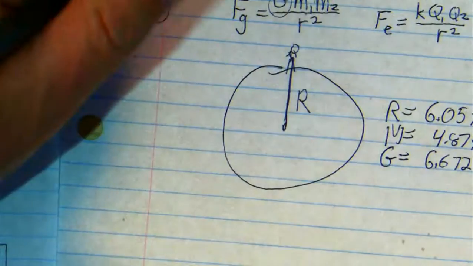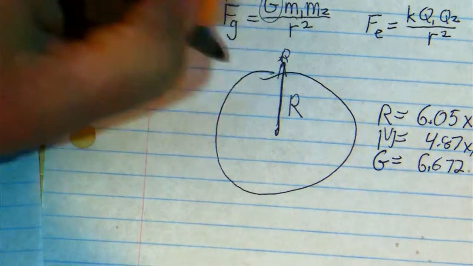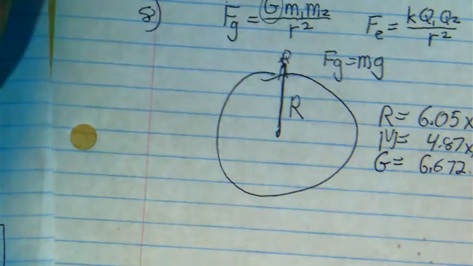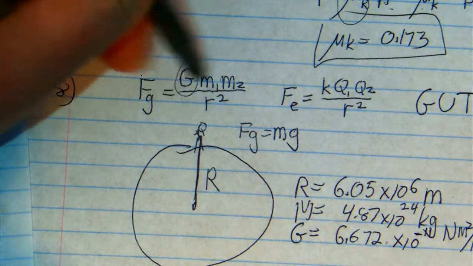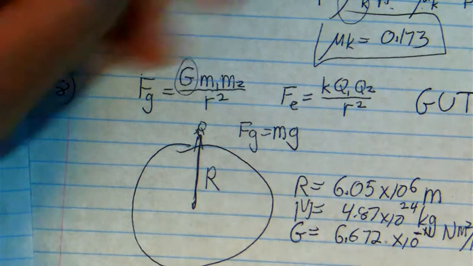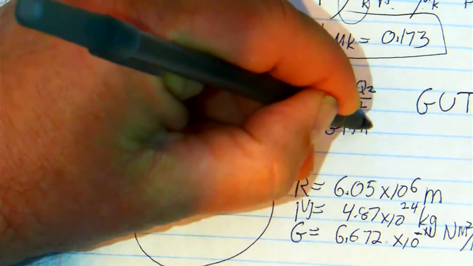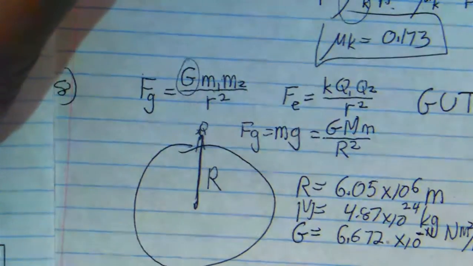Here's the neat trick. You guys know that on Earth, if this were the Earth, your weight would be m times little g. But this equation is what's really taking place. It's really capital G times the mass of the Earth times your mass divided by the radius of the Earth squared.